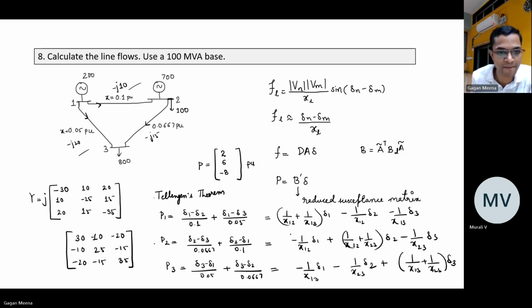Whatever Y bus we got, simply multiply by minus. So this is actually the imaginary part of Y bus; if we remove this j, this is the imaginary part of Y, or we call it B also, the B matrix. But this is minus times B. This is very important, so we have to remember this.